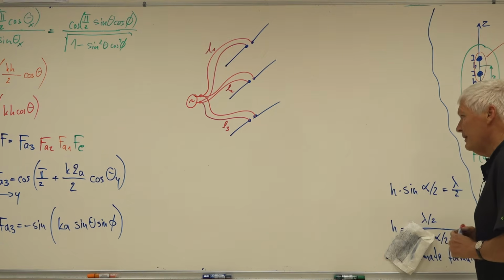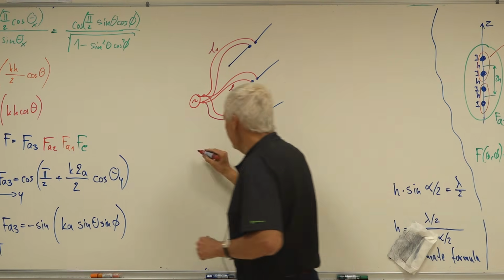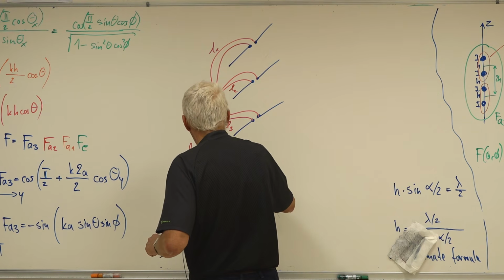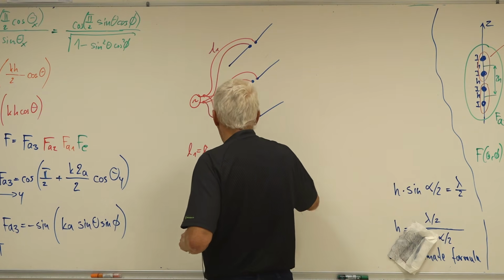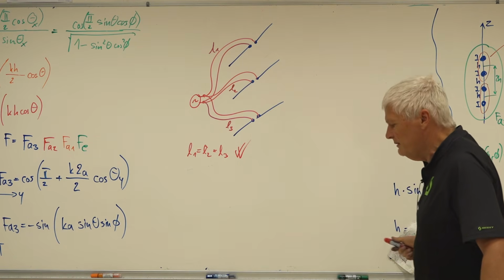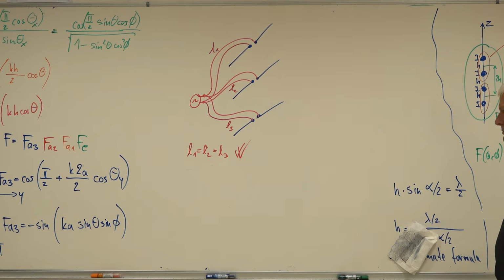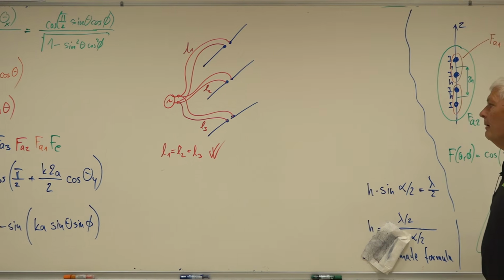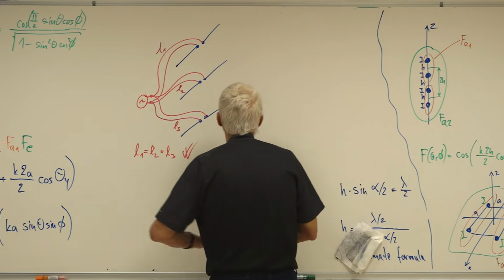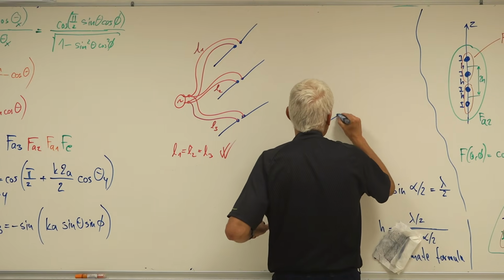That's another job. So for a broadside array, I need L1 equal to L2 equal to L3. This is okay from the electrical point of view. The phase difference is 0, whatever the frequency is. But it costs lots of money. It costs lots of feed line. So on many occasions, I feed the elements of an array serially.